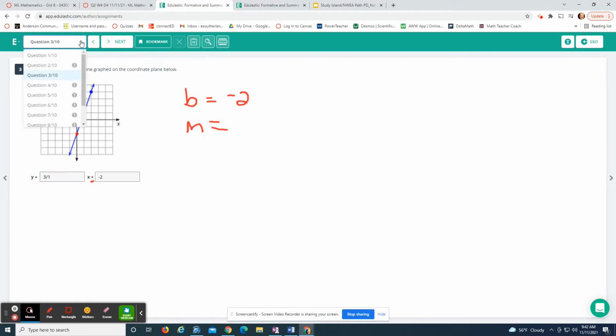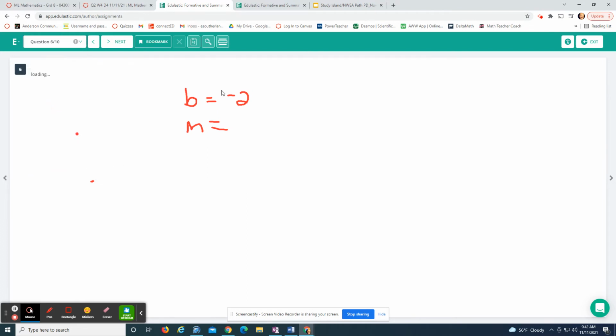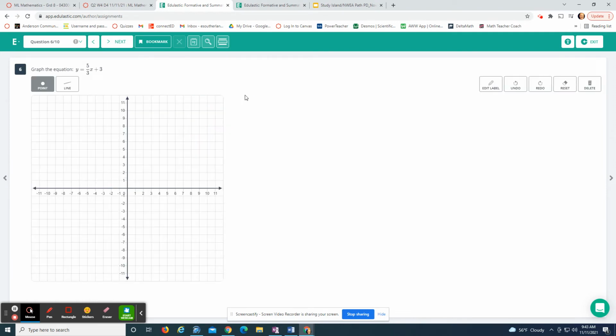Looking at question number 6, that's the one we want to skip to. This is how to graph a line. Hopefully we're all on the same page and we can graph a line. So the B tells me that it is 3 and the M is 5 over 3. When I see that, the first thing I think of is I want to make sure that I click the line button, because I don't need a point, I need a line.